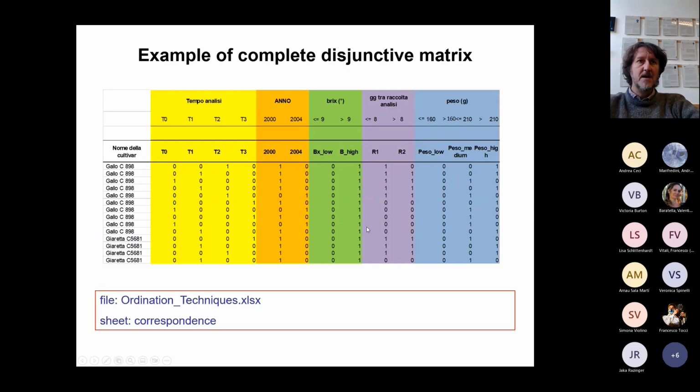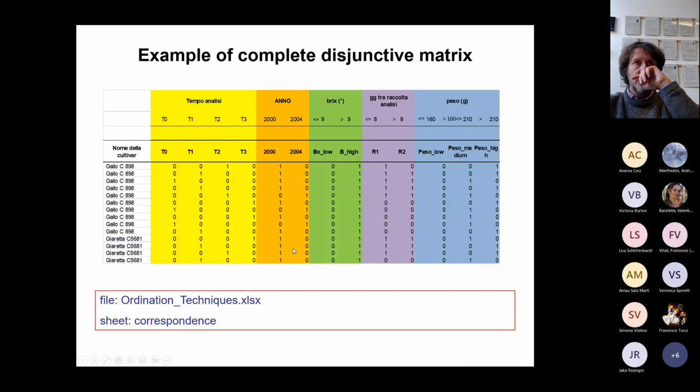Here is an example of a complete disjunctive matrix. Here we have the time 0, 1, 2, 3 and the single observation, and 1 or 0 if it's time 0, 1, 2, 3, etc. The year, the Brix degrees, the days from the harvest, the weight, etc. So this is a 1-0 analysis matrix.